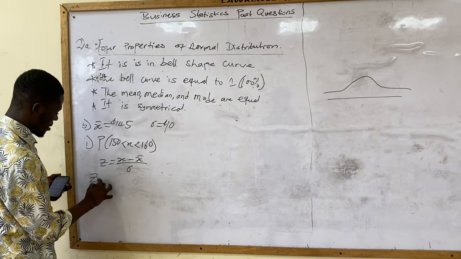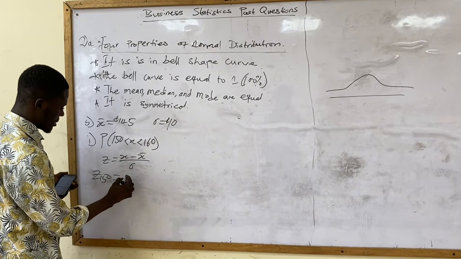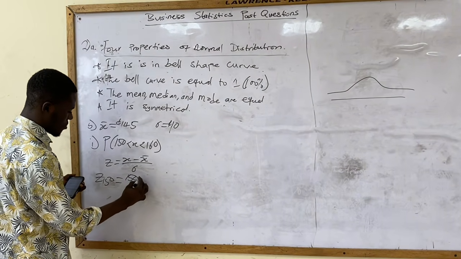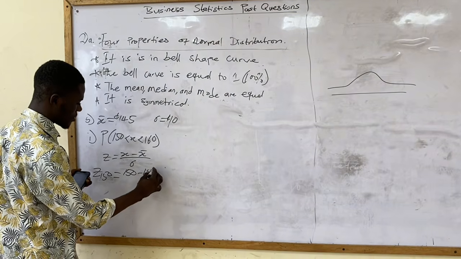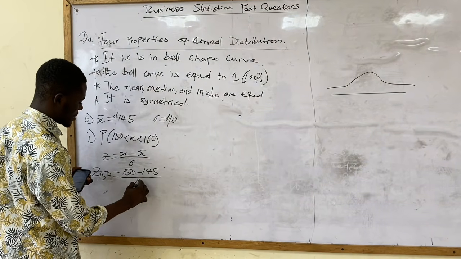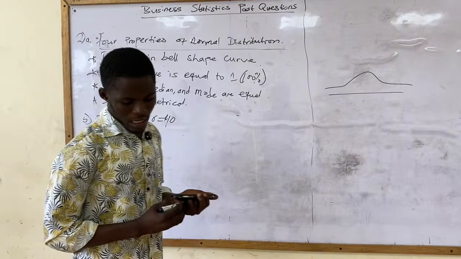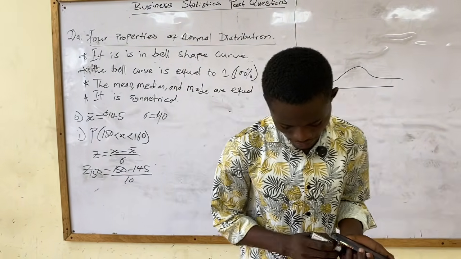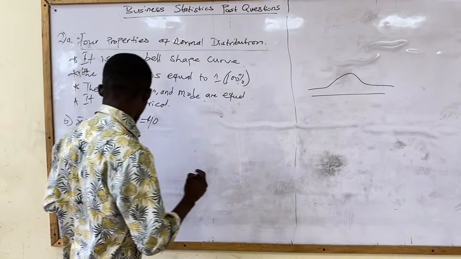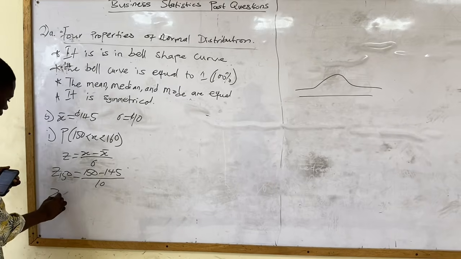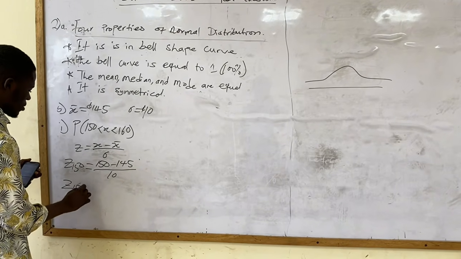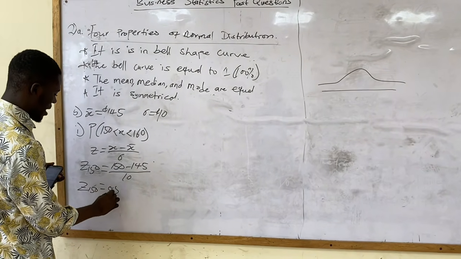Z of 150 is 150 minus 145, all divided by 10. Now let's put this on our calculator, and we will get Z of 150 to be 0.5.